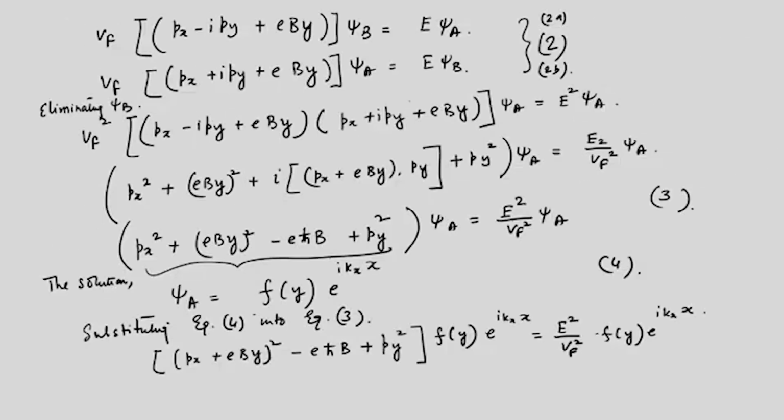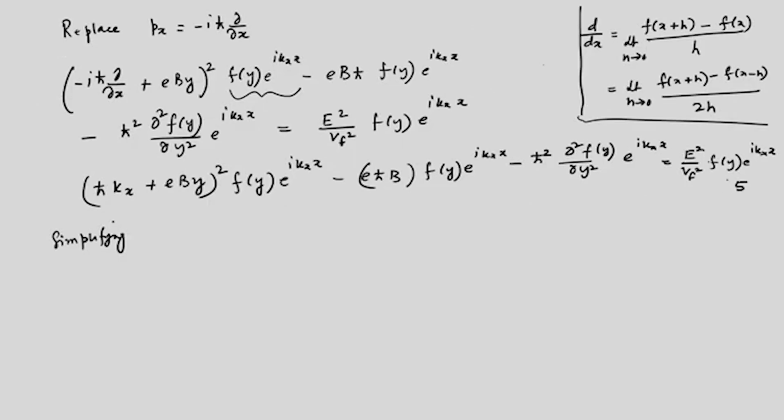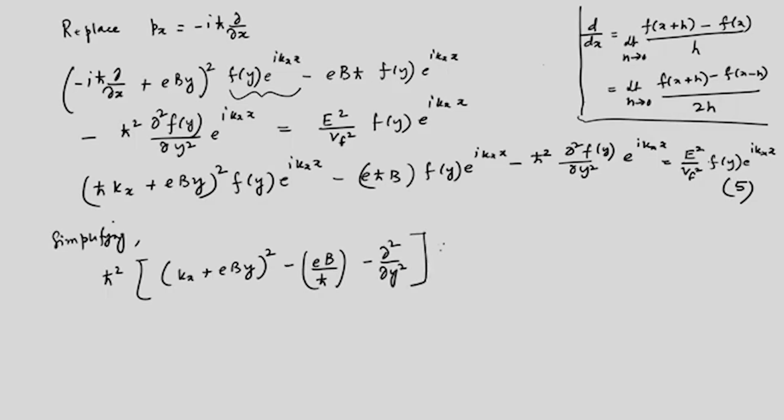So, let me see the equation number. So, let us call this equation number 5. So, if we simplify, then this becomes equal to ħ² times (kx plus eBy) squared minus eB over ħ minus ∂²/∂y², and so this f(y) equals e² by v_F² f(y). Okay.